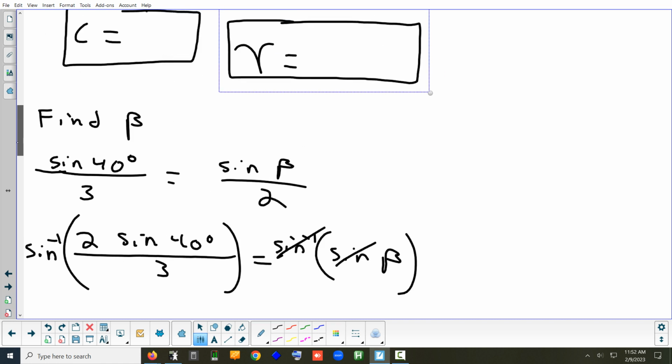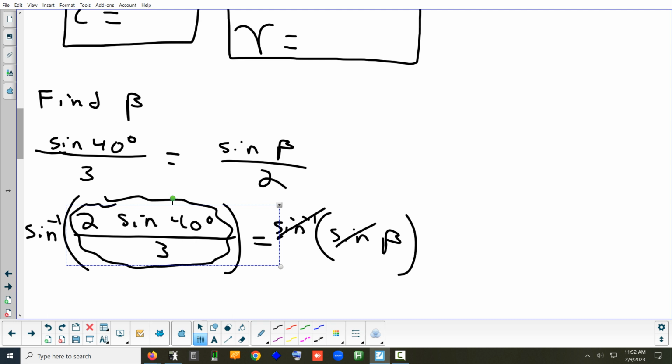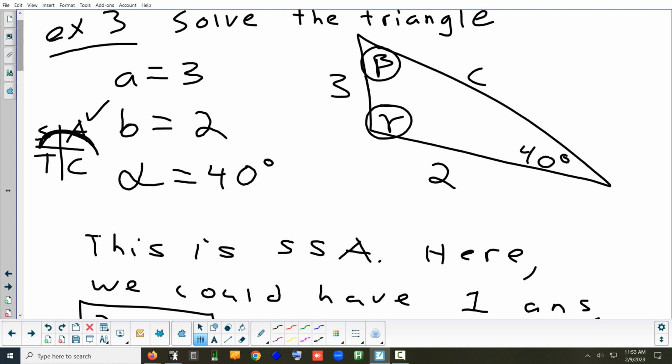All right, which inverse trig function did we just use? Inverse sine. Now, this value right here is positive. If you take 2 sine 40 over 3, that's a positive number. So we had sine equals a positive. We've got an answer in quadrant 1.